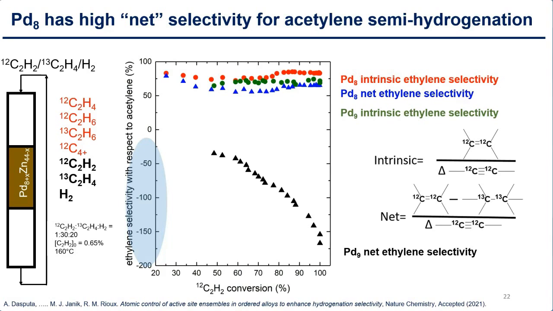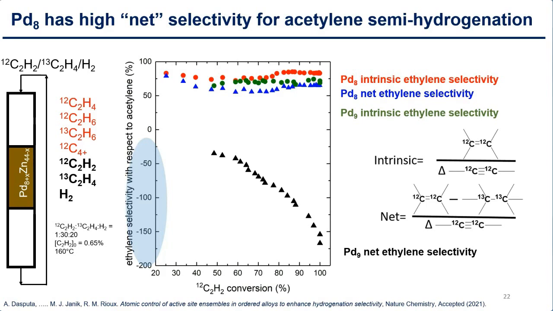And so the expression for net selectivity allows for negative selectivities. And negative selectivities, as you would imagine, are bad. That means you are hydrogenating that excess ethylene that you fed into your reactor. And so you can see that the net selectivity, as you go to higher and higher conversions of acetylene, begins to decrease substantially.